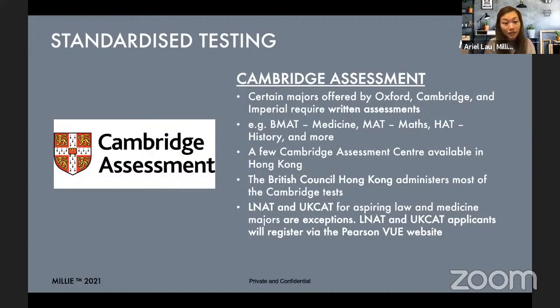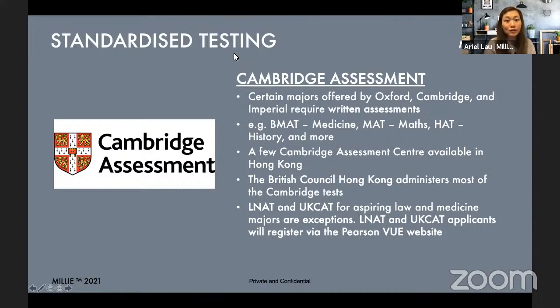At the same time, if you're studying in an international school, your school could be a Cambridge Assessment Center as well. That means your teacher will help you request the Cambridge Assessment paper, and then they will ship it to your school, and you only need to take the test at school.